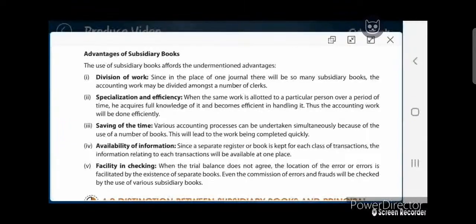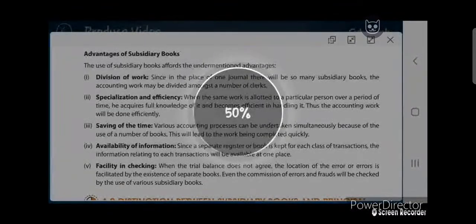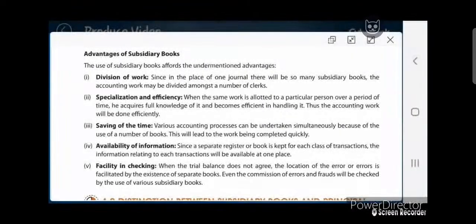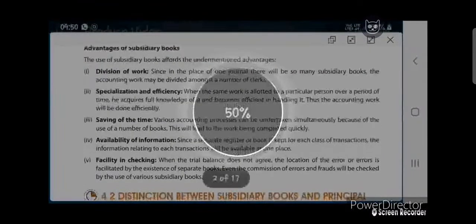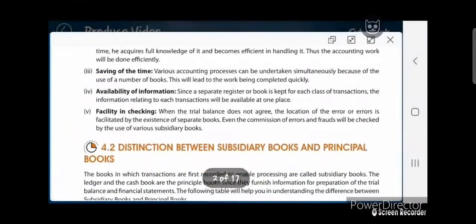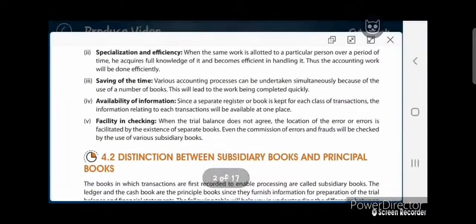You do not have only one book, so you can divide the books among the clerks, so that it is easy for them, easy for you to check, and easy for the accountant also.